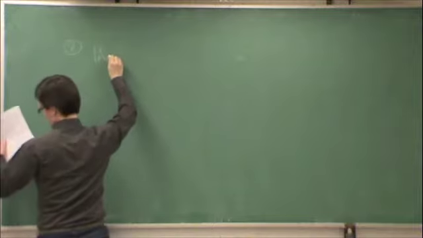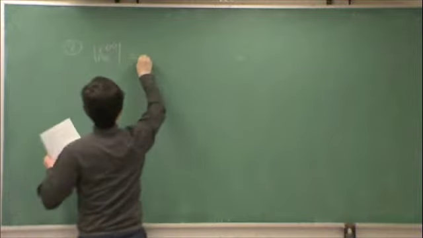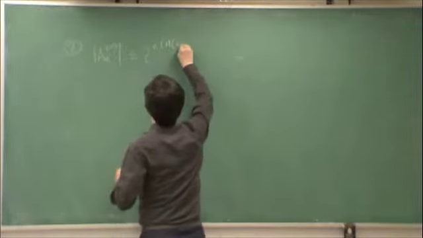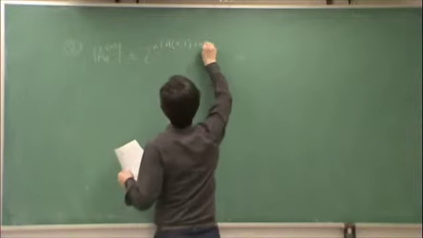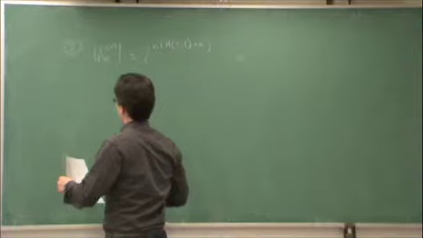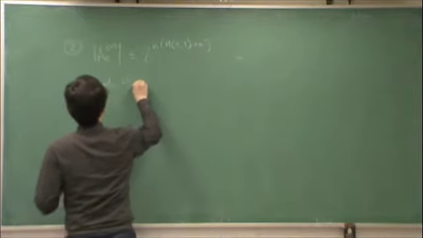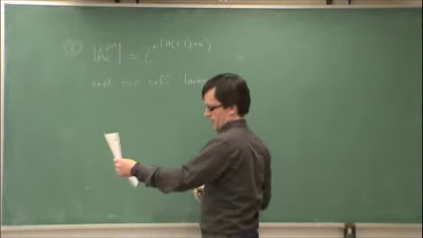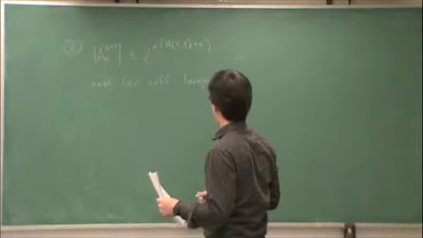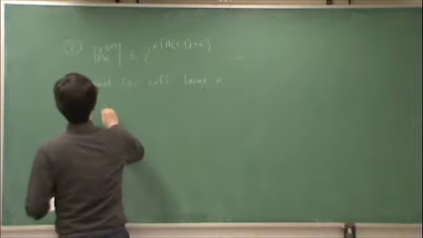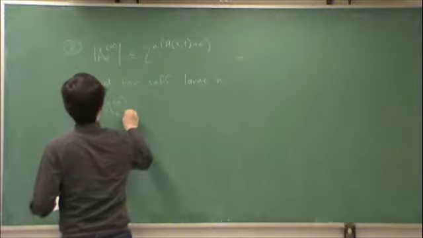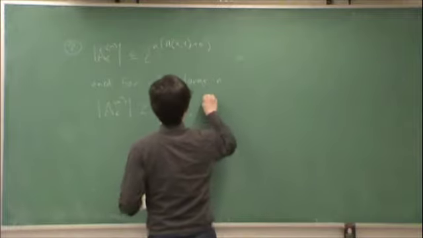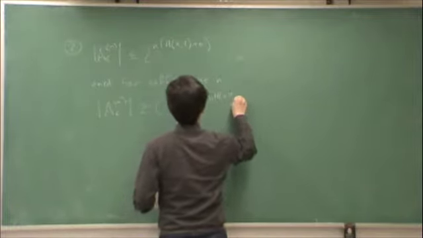The cardinality of the typical set is less than or equal to 2 to the n times (h of x and y plus epsilon), and for sufficiently large n, the cardinality of the typical set is greater than or equal to (1 minus epsilon) times 2 to the n times (h of x and y minus epsilon).